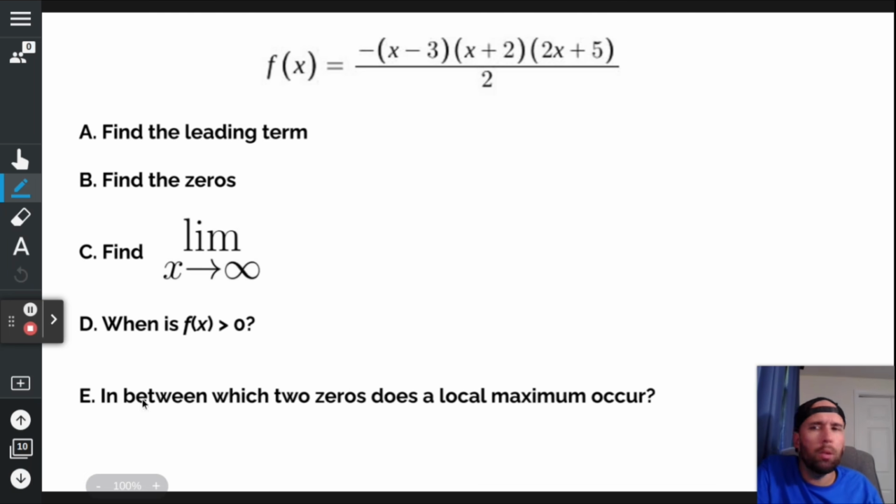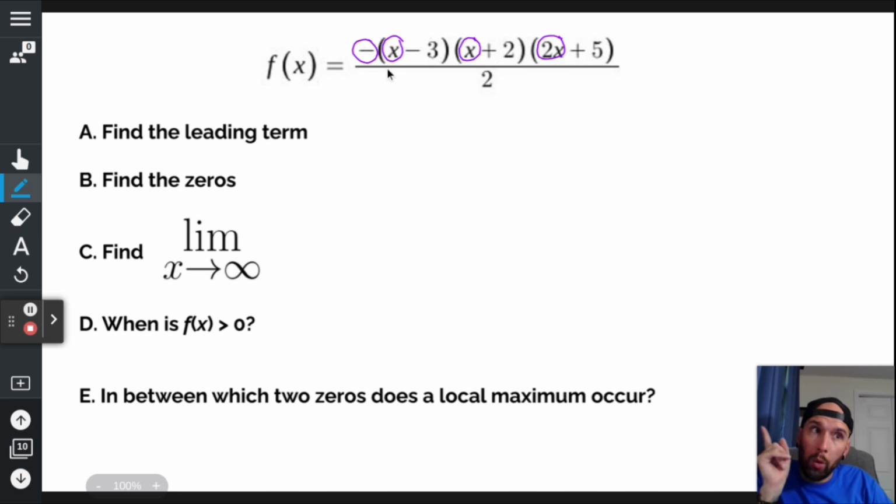Find the leading term. The way you can find the leading term of something that is factored, and that's what this is, is you multiply the highest degree terms in every parentheses together. And then if there's a sign or another term floating out here, you multiply that as well.